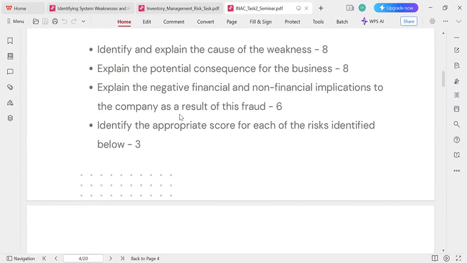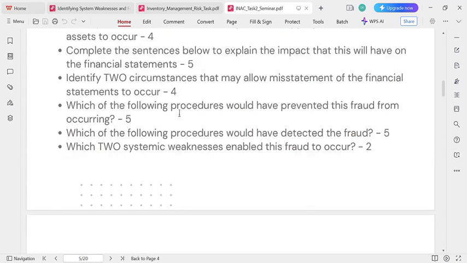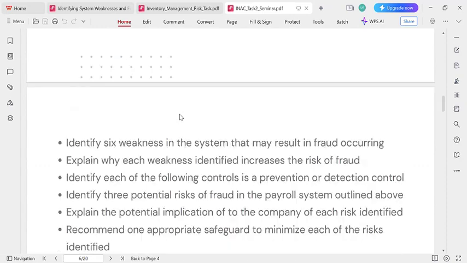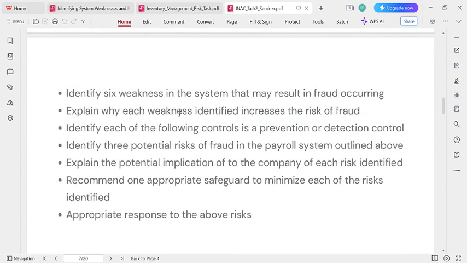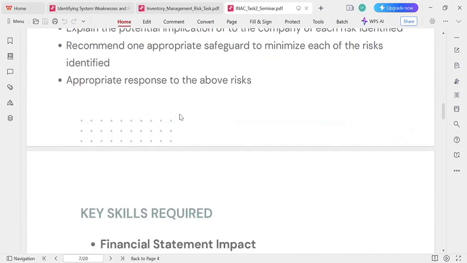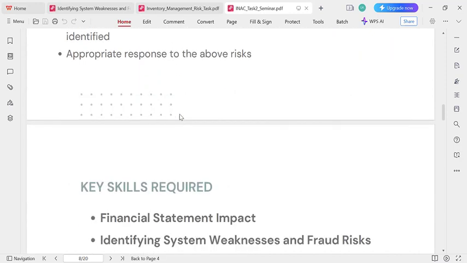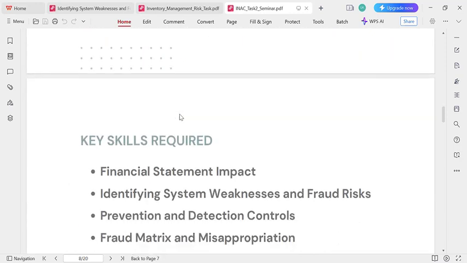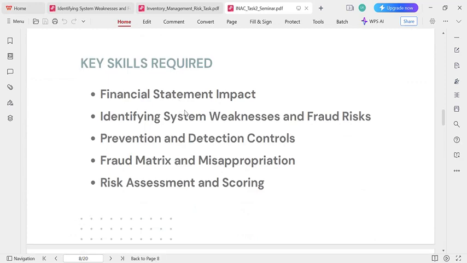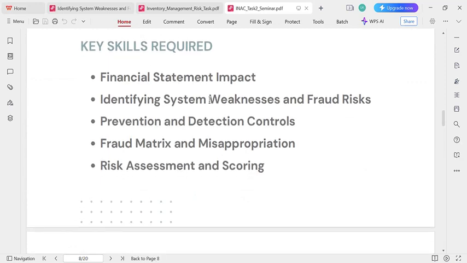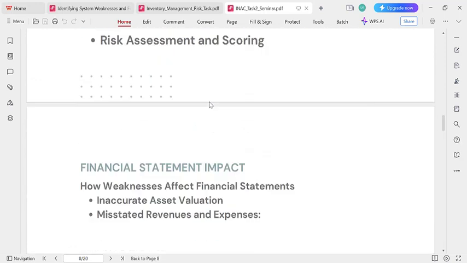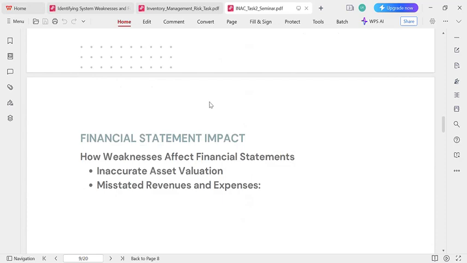We are going to talk about these questions, the requirements of the examiner, and then we try to reverse engineer what skills are required to complete this task. We talk about the skills that we require in detail, and then we do a couple of practice questions as well.